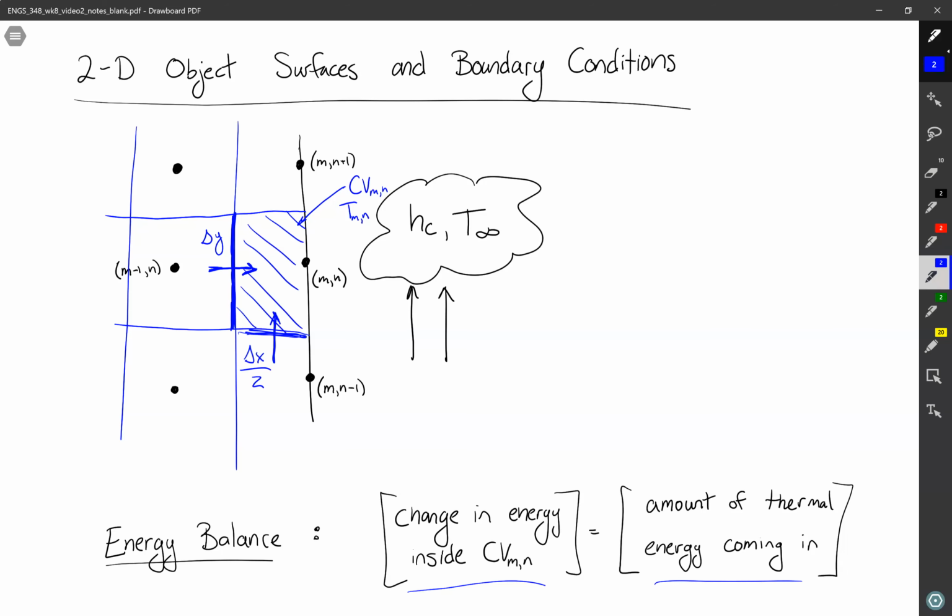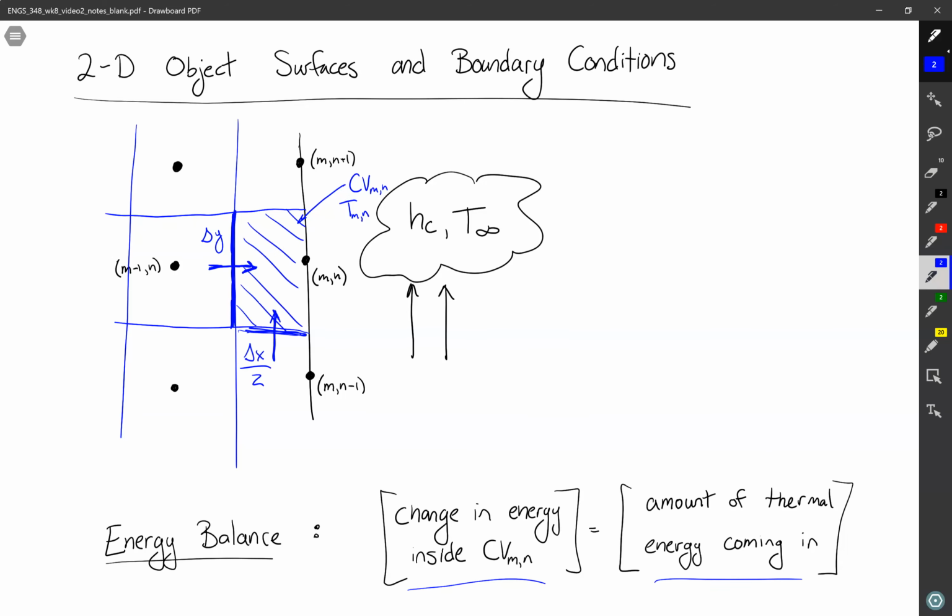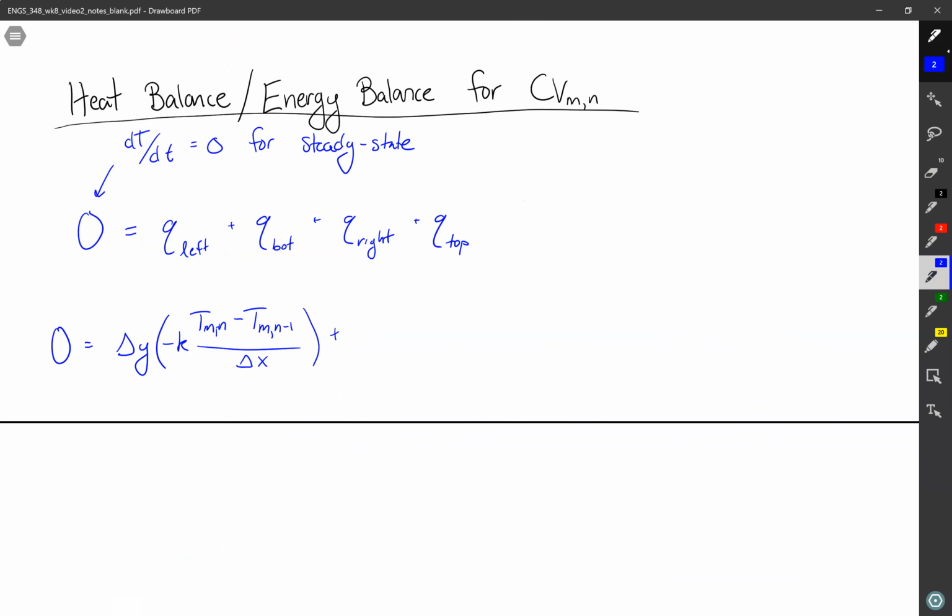So we only have half of a delta X, so we'll put that in. The area is delta X over 2, now times our conduction model, minus K times (T_mn minus T_m,n-1) divided by delta Y.